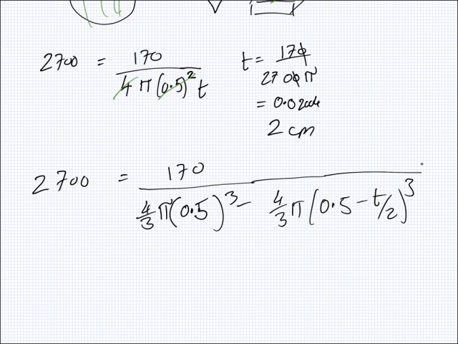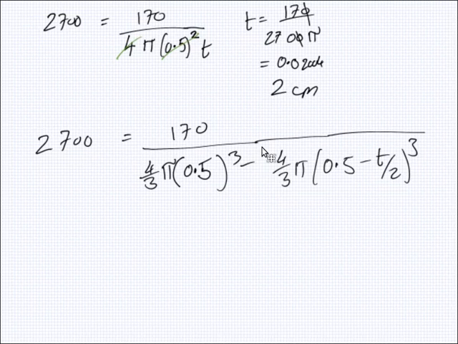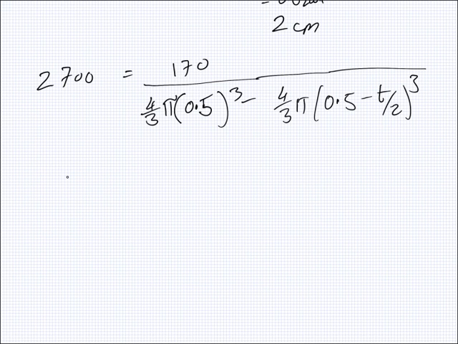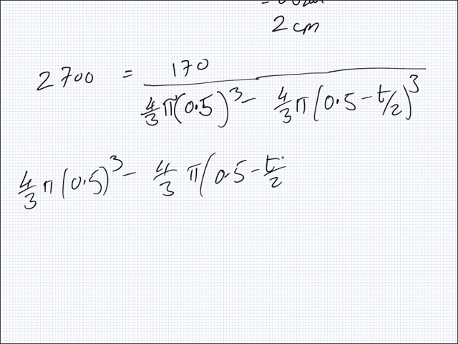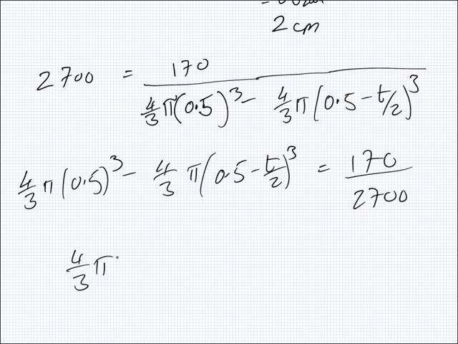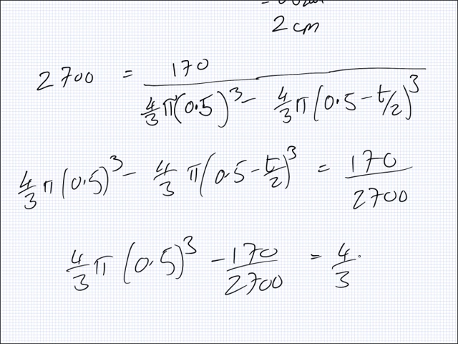This doesn't look too bad, does it? Because you can rearrange it and you can get 4 over 3 pi 0.5 cubed minus 4 over 3 pi 0.5 minus t over 2 cubed equals 170 over 2700. So you can get 4 over 3 pi 0.5 cubed minus 170 over 2700 equals 4 over 3 pi 0.5 minus t over 2 cubed.